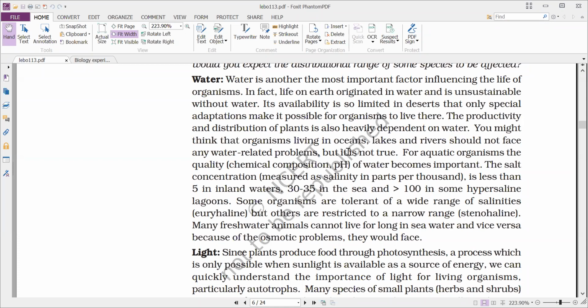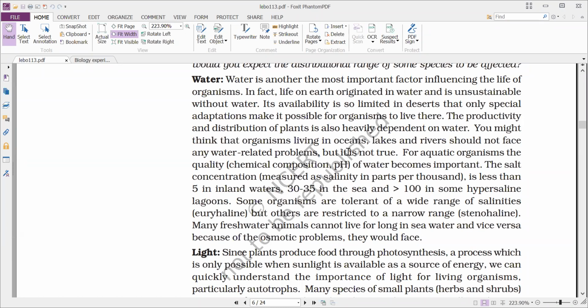First is food and the next is water. If water is available, automatically the vegetation will be more, and if the vegetation is more, the animals will also be more. So we can observe more species diversity.